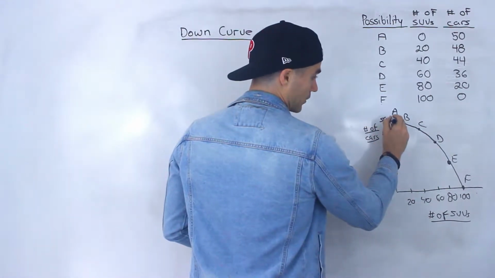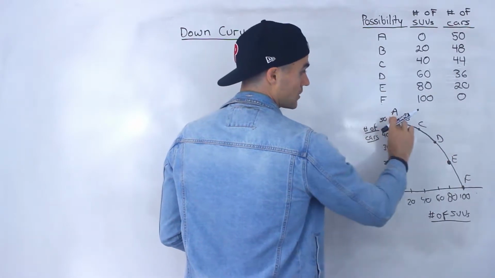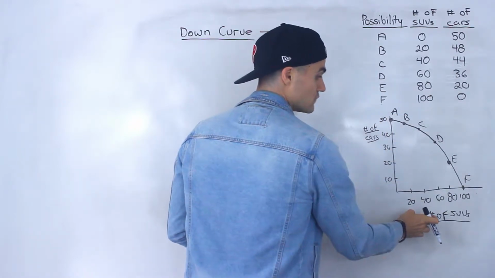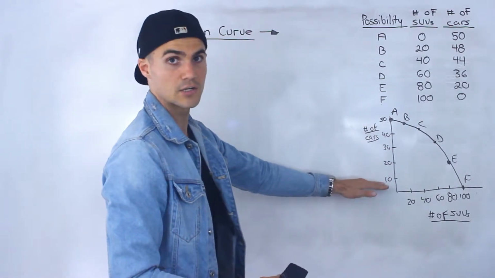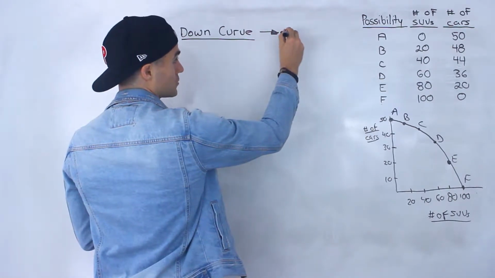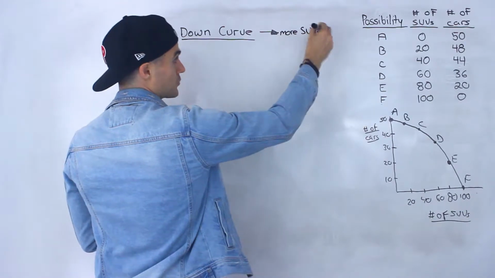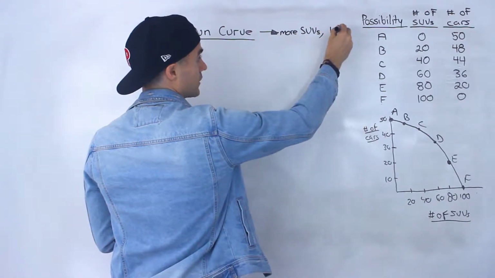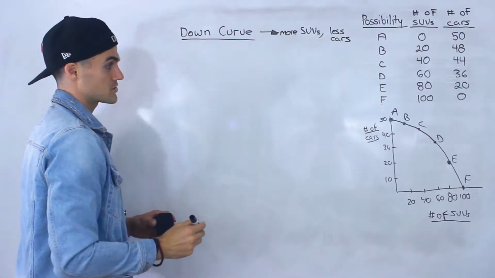Notice if we're going down the curve, so from point A to B to C to D to E to F, the number of SUVs is increasing and the number of cars is decreasing. And so as we go down the curve, we're producing more SUVs, and to produce more SUVs, because we have limited resources, we can make fewer sports cars.